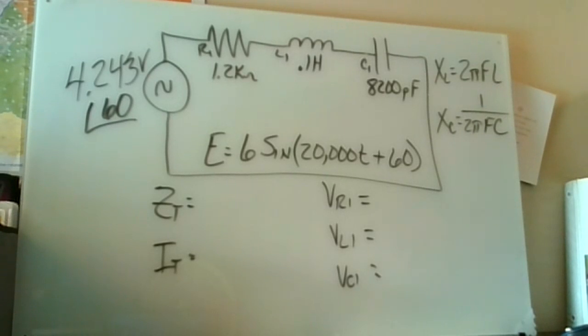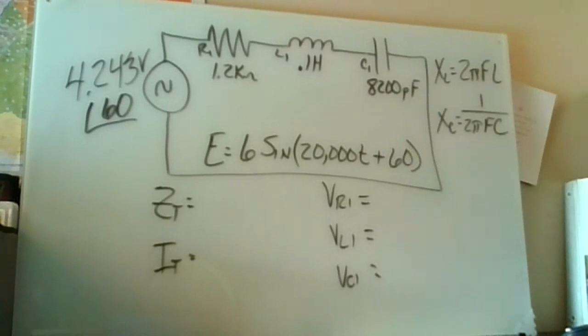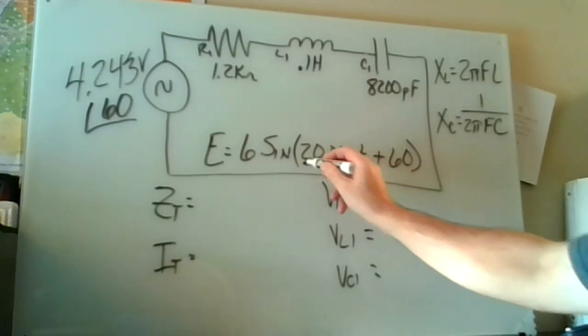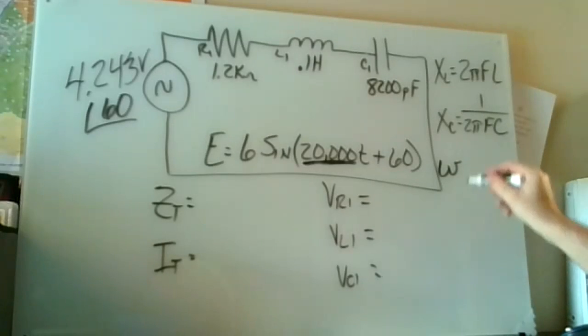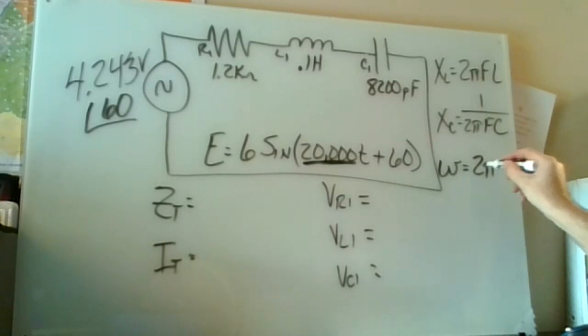Now I need to start plugging numbers into my equations to get my values. But what did I give you? Omega, right? What does omega equal? 2 pi f.